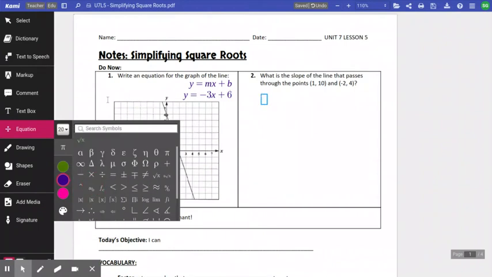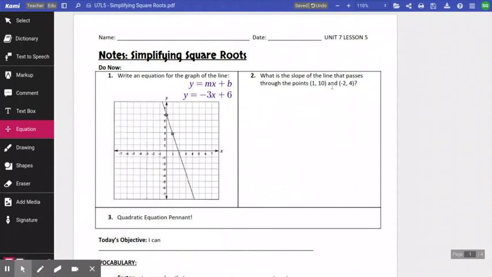For the second one here, we've got what is the slope of the line that passes through these 2 points. I'm using that formula y2 minus y1, all divided by x2 minus x1. When we use that formula, y2 is 4, y1 is 10, so we get 4 minus 10 all over x2 minus x1. x2 is negative 2 minus x1, which is 1.